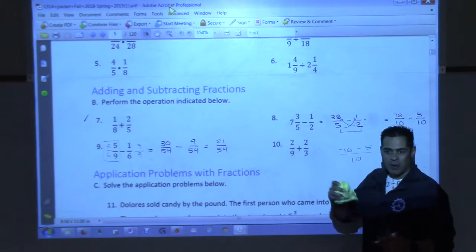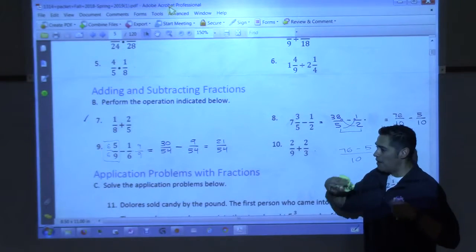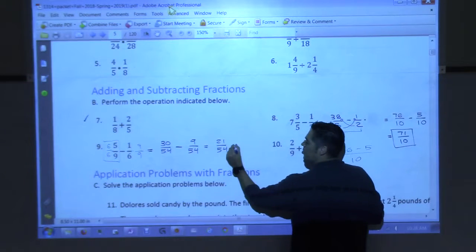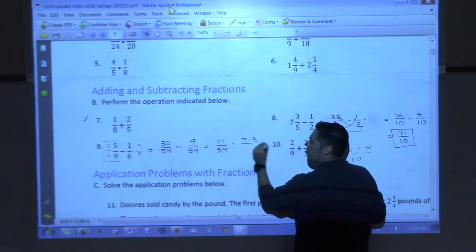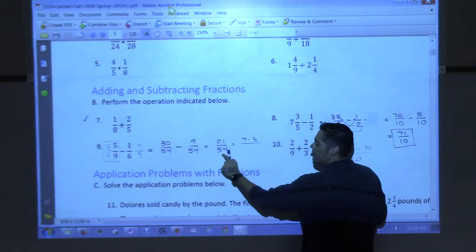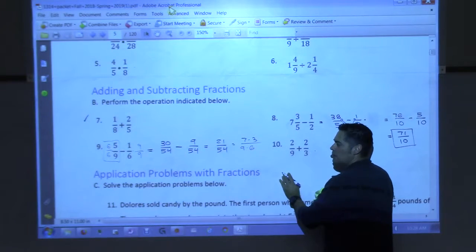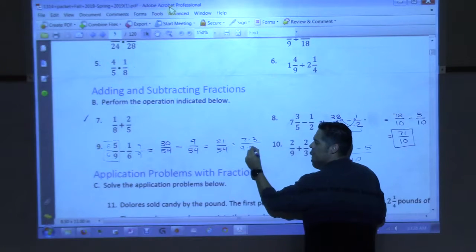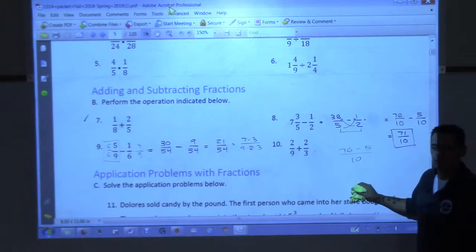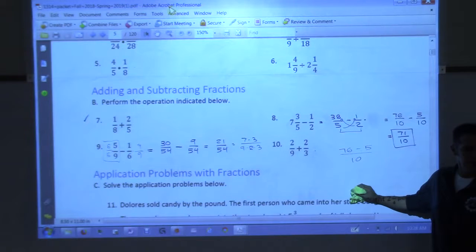So I'm going to show you real quick how I would, I mean, seriously, this is the way I would do it if I'm trying to figure out if this is reducing. I know the top is 7 times 3. Those are both prime. I know 54 is 9 times 6, right? And I know that 6 is 2 times 3. Right? Yep. And those 3's cancel, don't they?